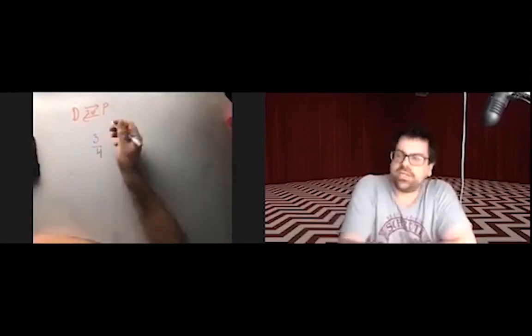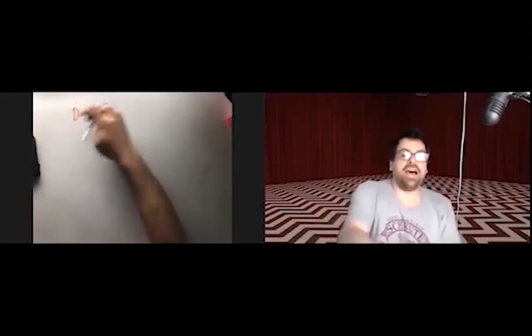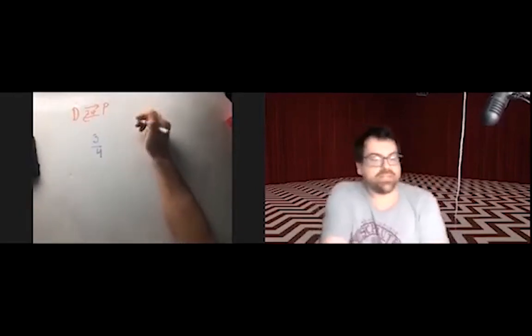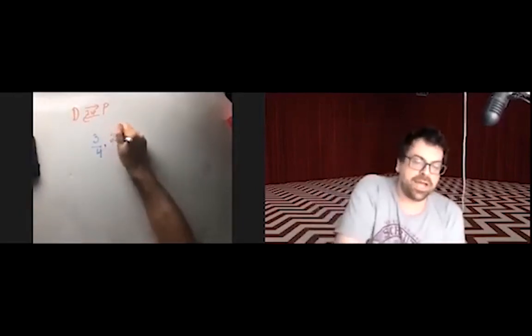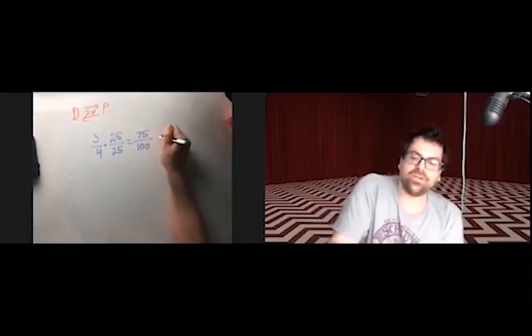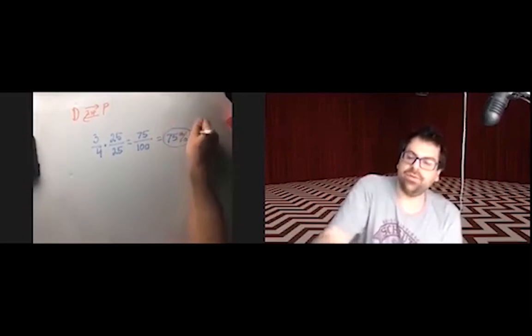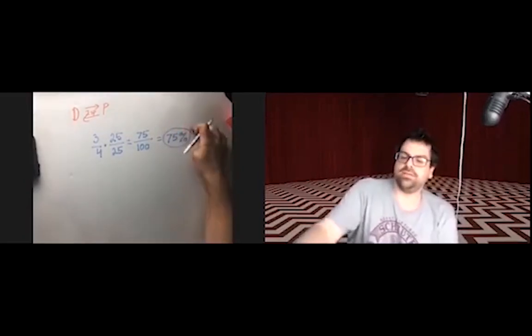Three-fourths. You could divide it out and get 0.75. 0.75 becomes 75%. Or you can multiply by 25 over 25, getting 75 over 100, giving you 75%.